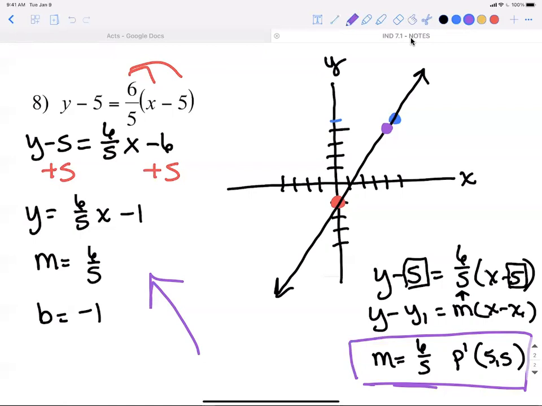You just get different information. So when we did it this way, we put it into slope intercept form. We got this intercept, and then we used our slope to move. And you can use your slope to move forever and ever. You could move and be down here. You could move and be up here, right? You could go on forever with up 6/5, up 6/5, and get a bunch of different points.